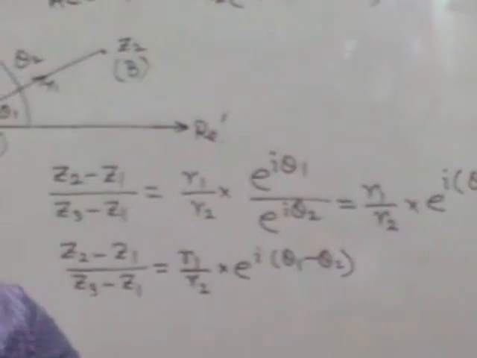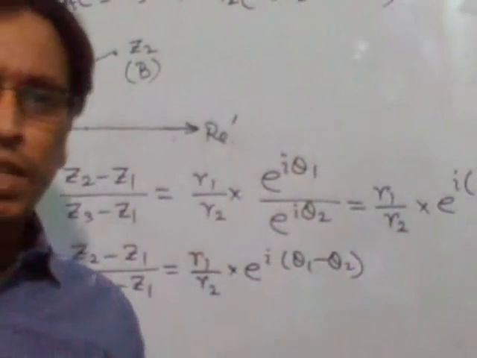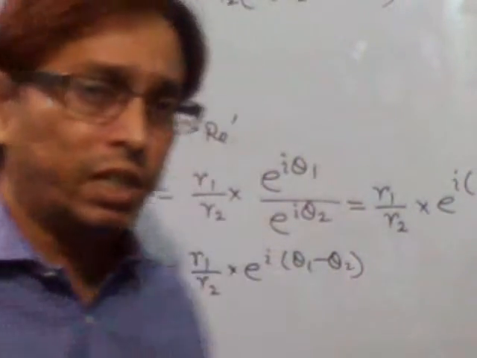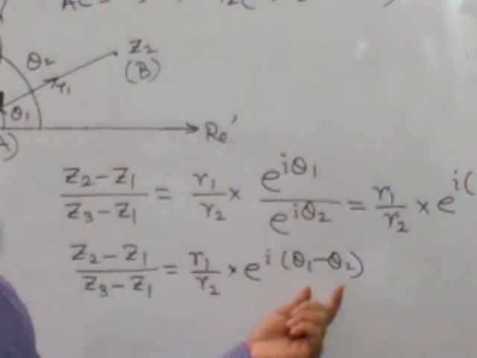Now e to the power I theta, again we can represent it in the form of cos theta plus I sin theta. Here your theta is theta 1 minus theta 2.